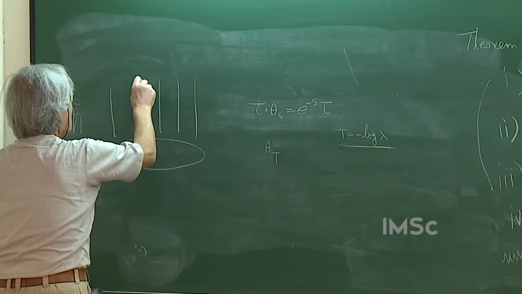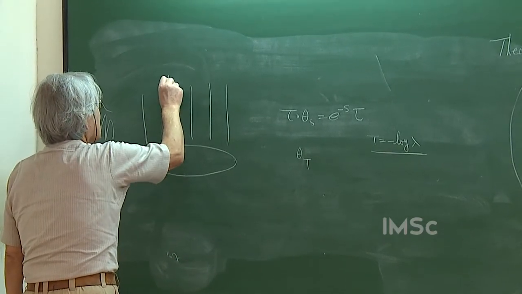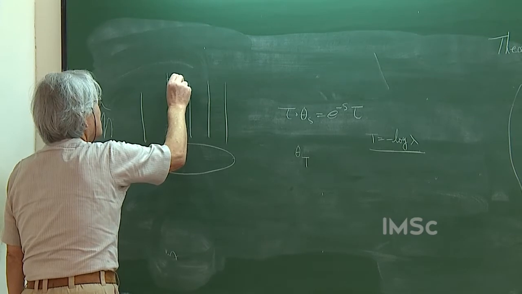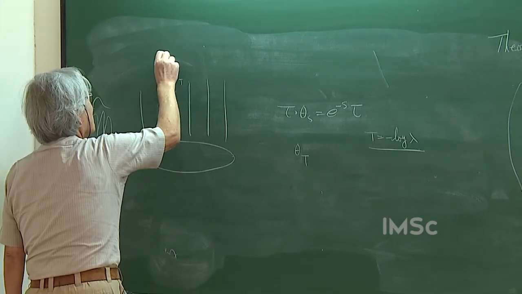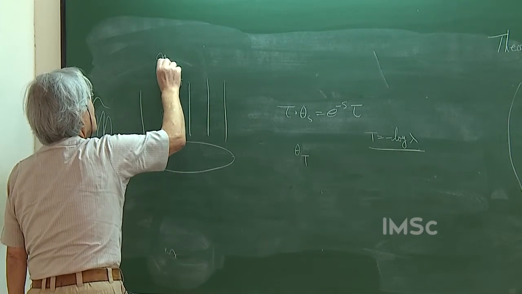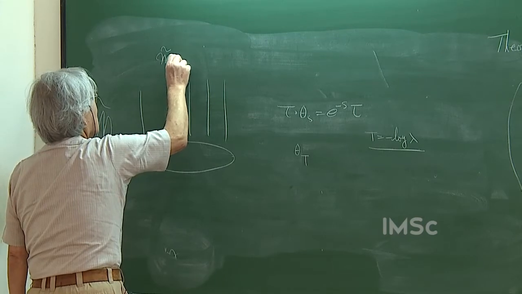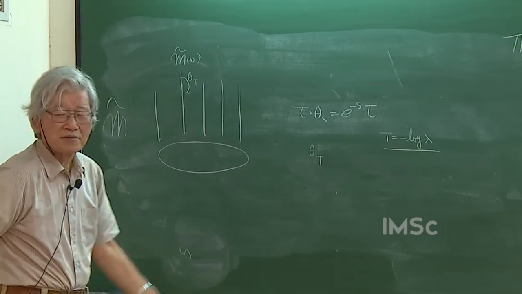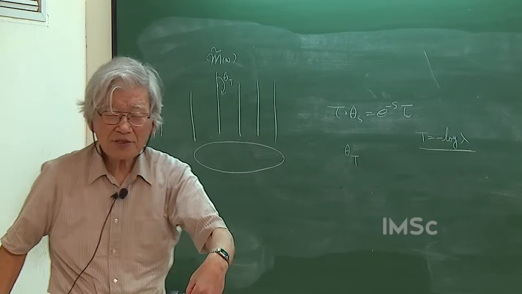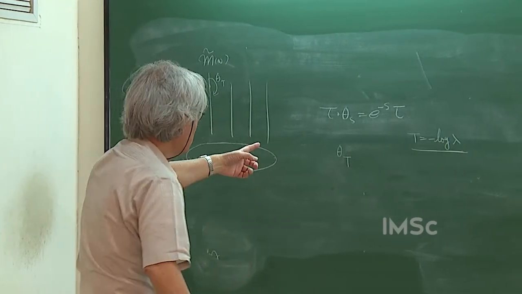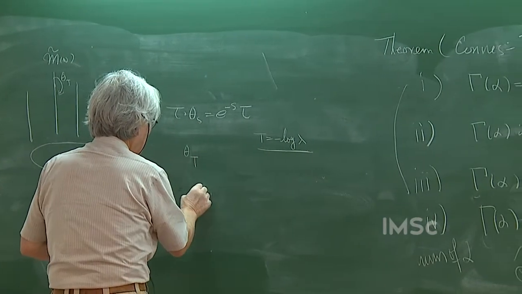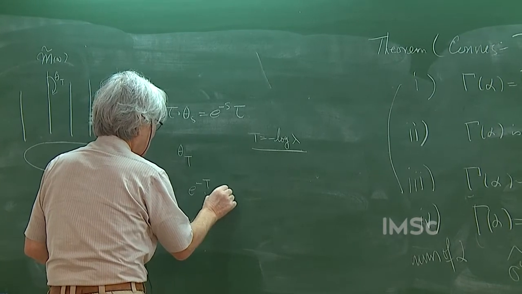So theta t acts on each fiber M tilde of, say, omega. How much does it change the trace? E to the minus t, which is lambda.